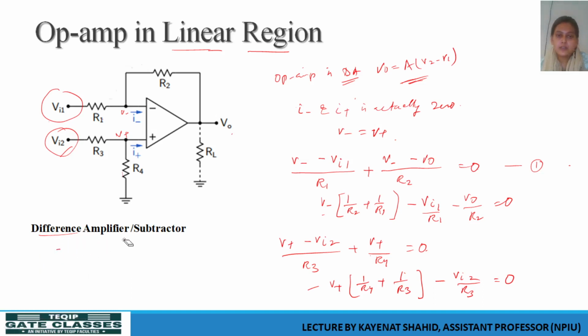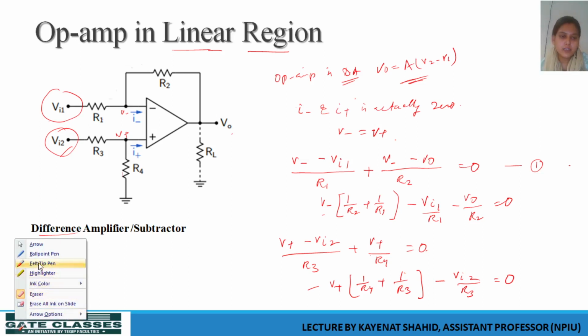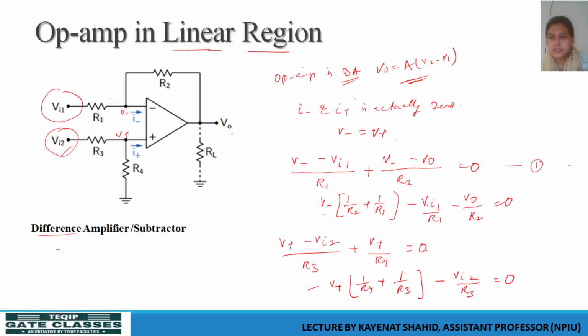So we have to just solve this equation again. We can simplify this equation: this can be V minus times (1 by R2 plus 1 by R1), and this is VI1 by R1 plus VO by R2.